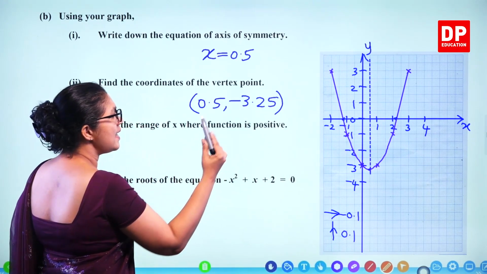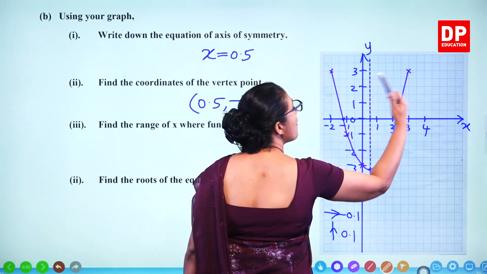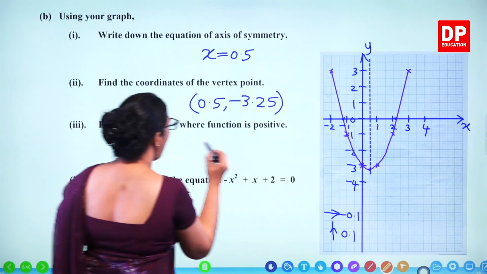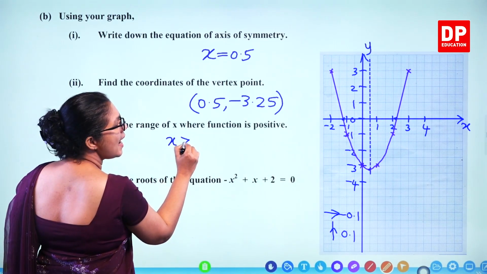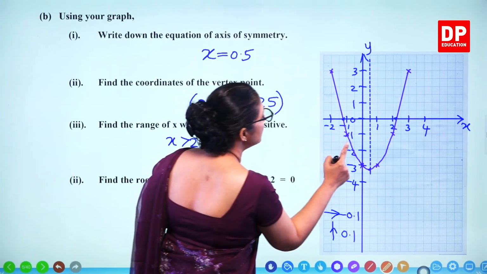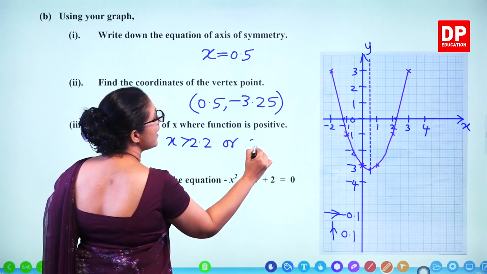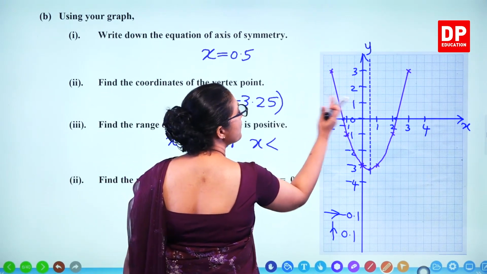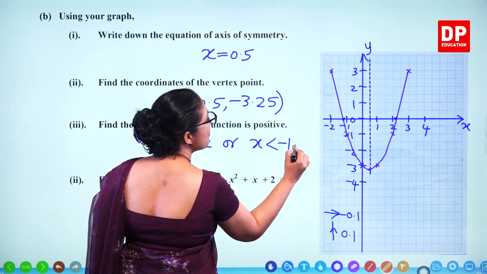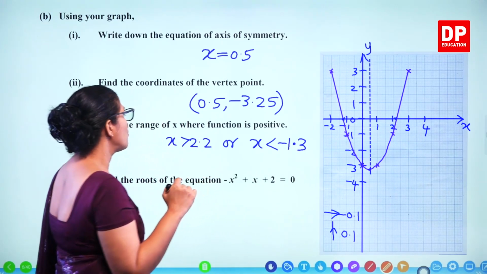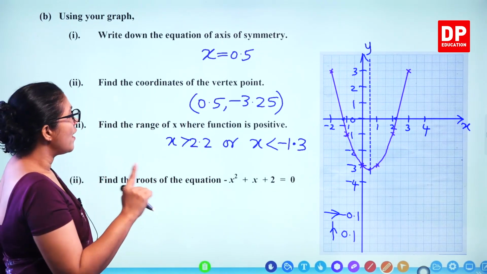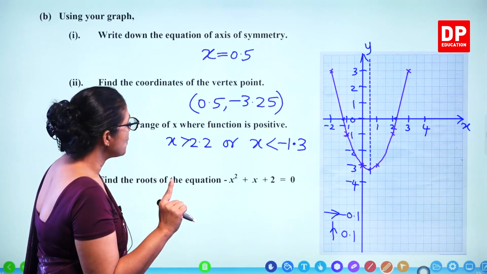So I can say above this point, x is greater than 2.2 or x is less than this way, -1.3. So those are the range of values of x when the function is positive.